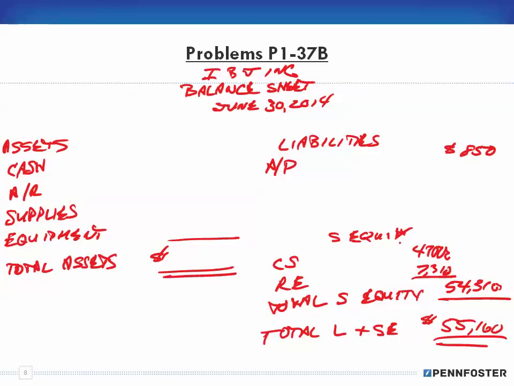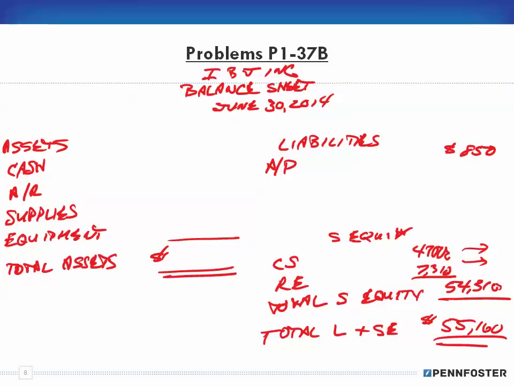Right? And underneath my equity, I can see that I have 47,000 plus 7,310, which equals my 54,310.